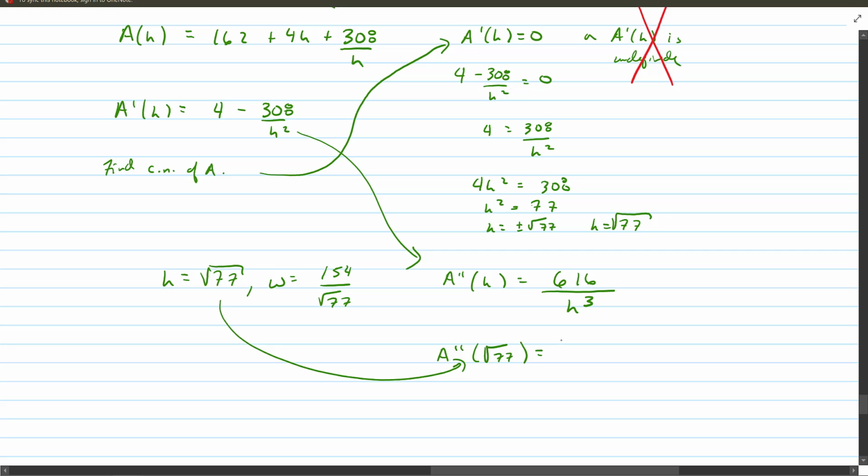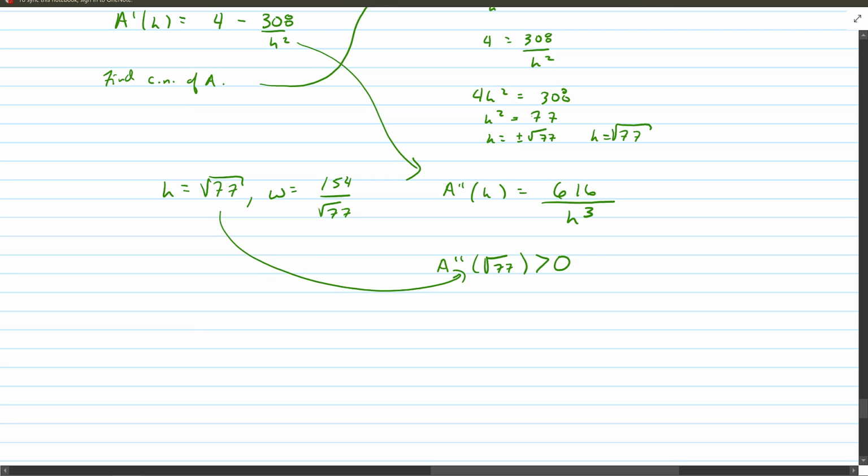I don't really care what we get. We would get a number that is positive. Why is that important? Well, by the second derivative test, h equals the square root of 77 is the location of a local minimum.